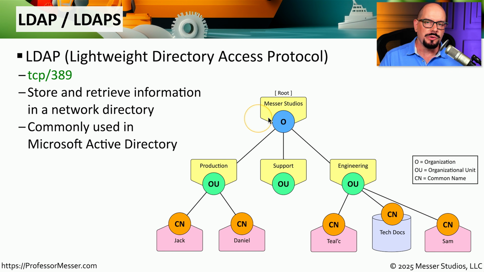Using LDAP, we can refer to this database to find where these components might be, and in some cases, even provide additional details such as authentication for any individual users. A very common use of LDAP is Microsoft's Active Directory infrastructure, where that database is able to be referenced using the LDAP protocol.